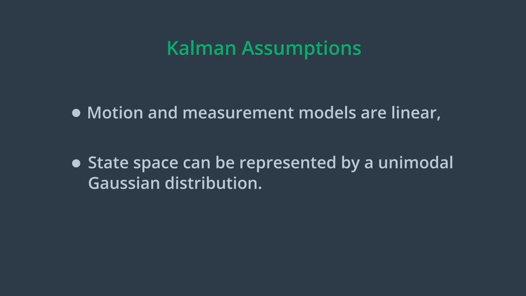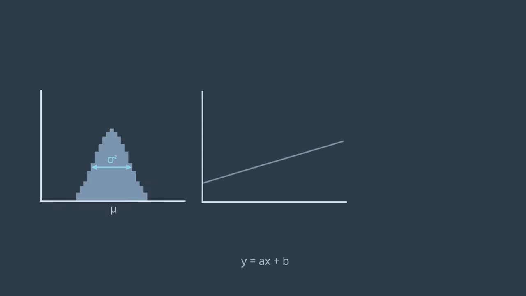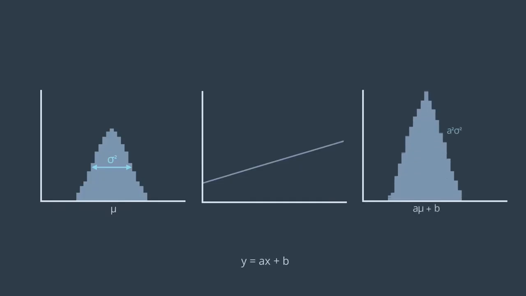Let's take a look at why we can't apply the Kalman filter in more detail, and maybe we'll find some answers there. Here is a prior distribution, a unimodal Gaussian distribution with a mean of mu and a variance of sigma squared. When this distribution undergoes a linear transformation, for instance the function y equals ax plus b, the resulting distribution looks like so.